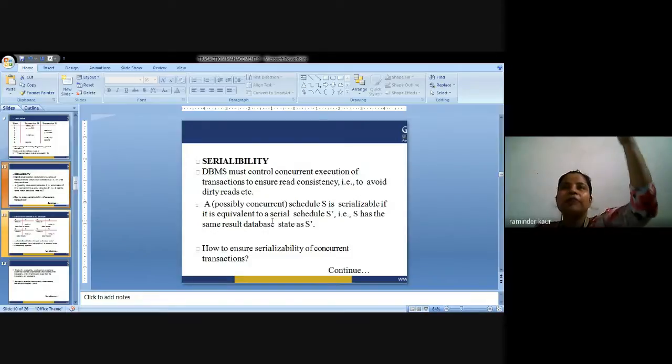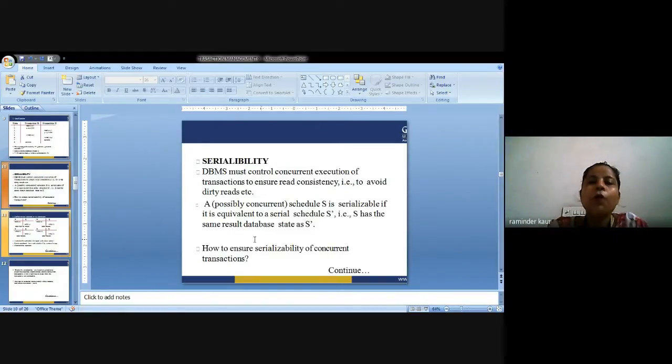But if there is mishandling by the executives of the bank, then there will be a problem in the processes taking place at their site. So, how to ensure the serializability of the concurrent transaction?